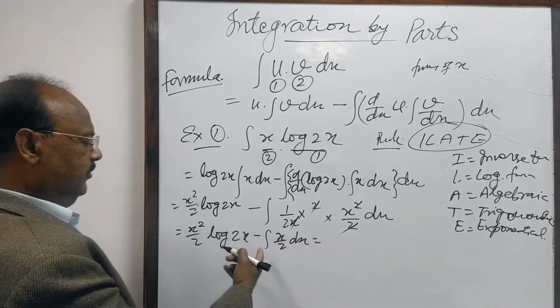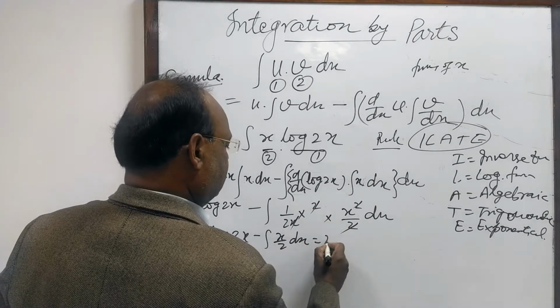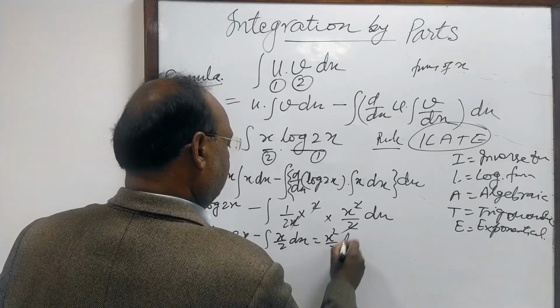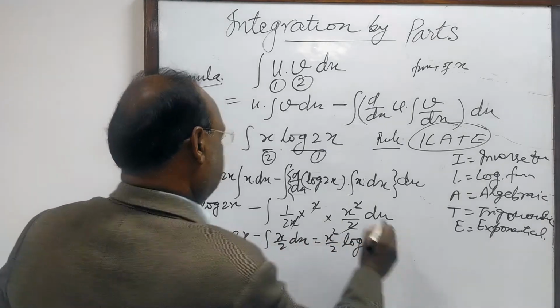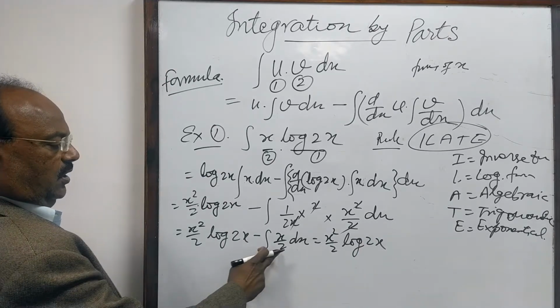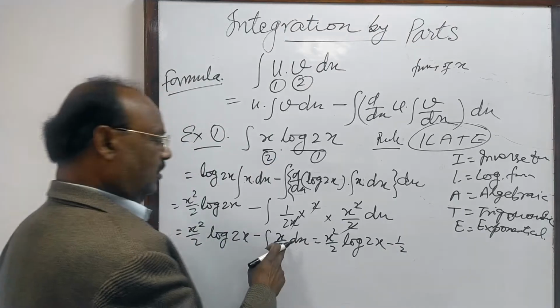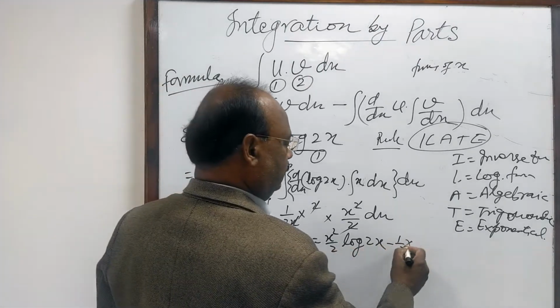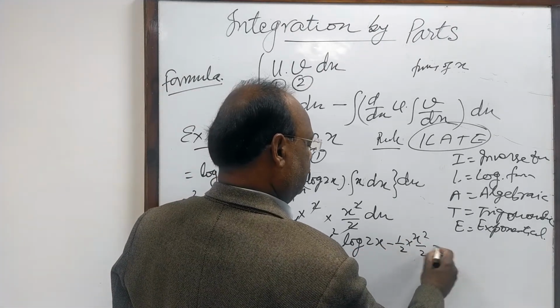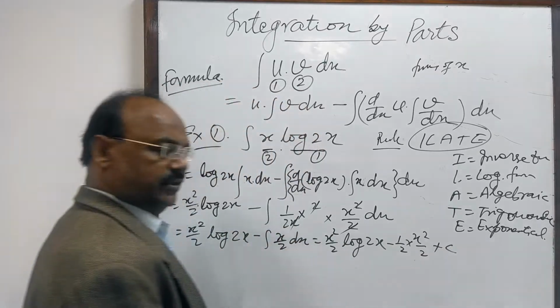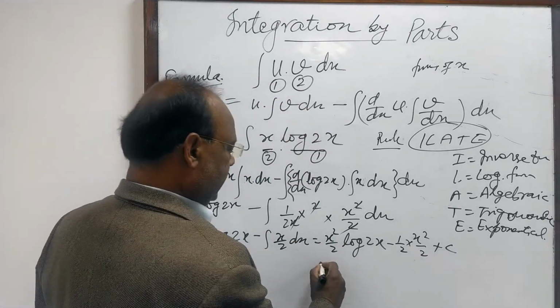Integrate it, very easily you can integrate it. So this is x square by 2 log of 2x, this is the first term, half is common, and the integral of x is x square by 2, plus the constant of integration. So finally we are getting the answer.